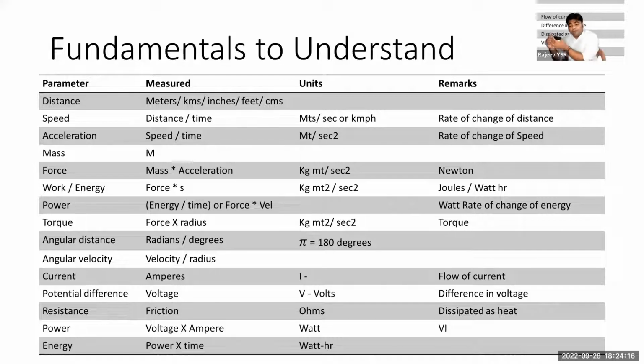Now, because of the force that is exerted, the object also makes a movement from point A to point B. Because of the force exerted, the object with the inherent quality of mass has got a force of mass into acceleration. And this force resulted in the object moving from point 1 to point 2.